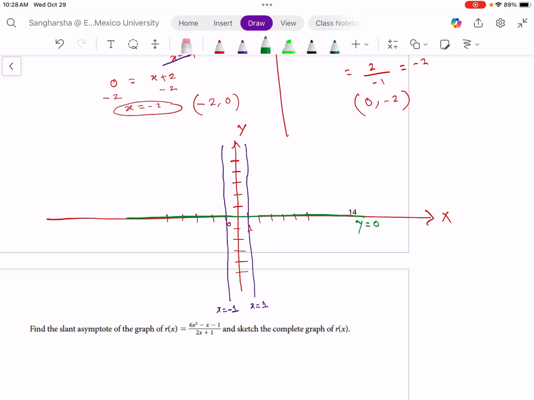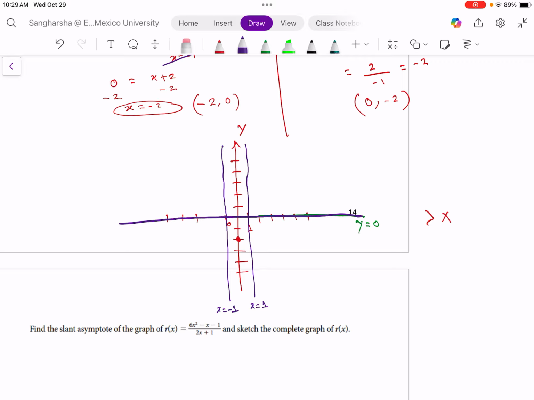Now let's plot the x-intercept. Negative 2, 0 is the x-intercept. Oh, this is not the x-intercept. The x-intercept has to be on the x-axis, right? This is not what I want.